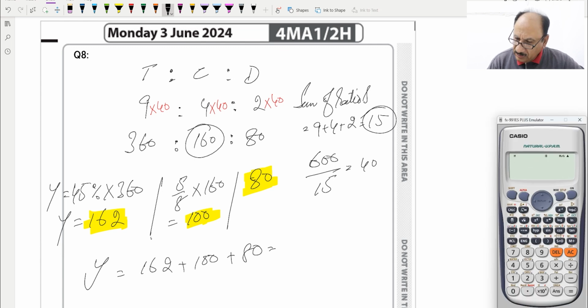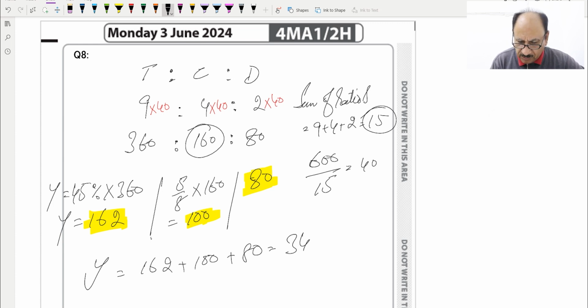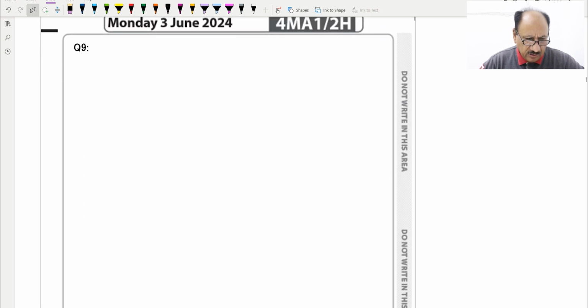We can write here 162 plus 100 plus 80, and this is giving us 342 flowers. So 342 will be our final answer, and this is a 5 marks question, a ratio question, which we have done. Hopefully you understood this.